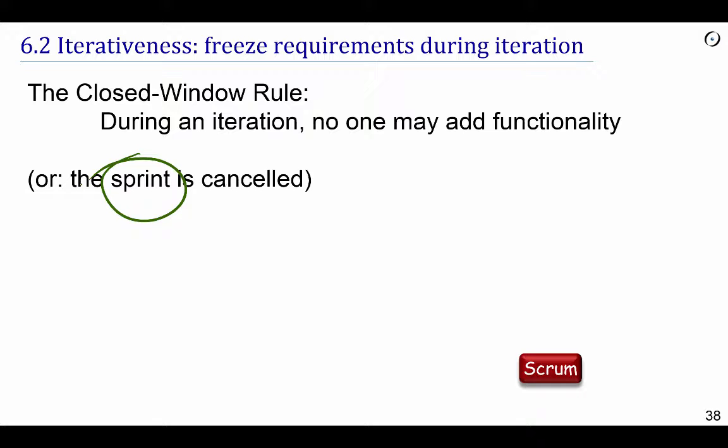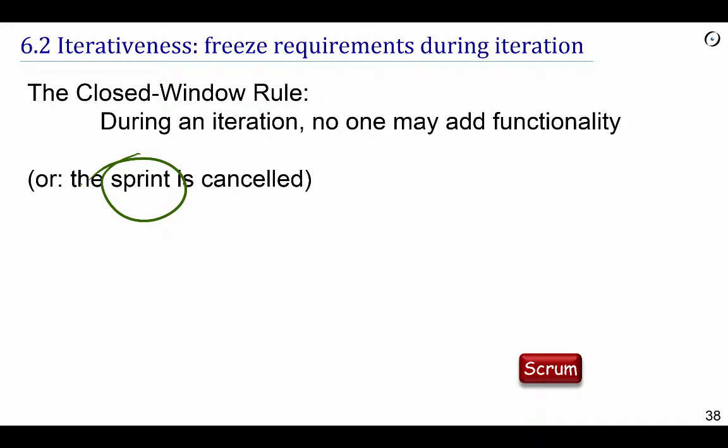So this is what you're supposed to do during the iteration, and of course you're going to try to do all of it. Maybe you'll only be able to realize part of it. The rule says that whatever happens, no one is permitted to add anything to that list. And it doesn't matter who the person is. That could be the CEO of the company or of the customer company.